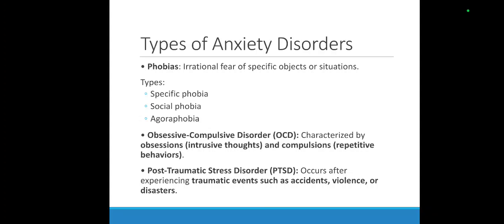This occurs after experiencing a traumatic event such as accidents, violence, and even disaster. So for example, if you have experienced the loss of a family member, or someone was killed, or you have experienced rape or fire or any accident, that may lead to an anxiety disorder.